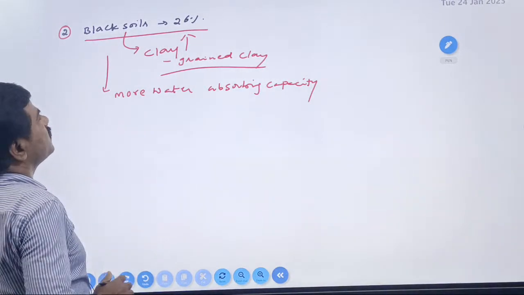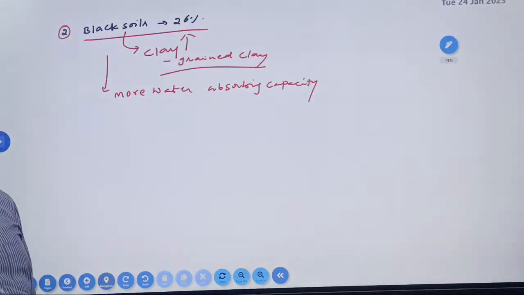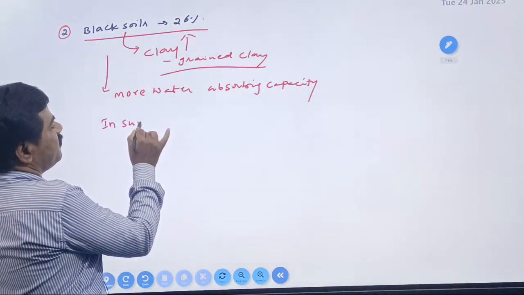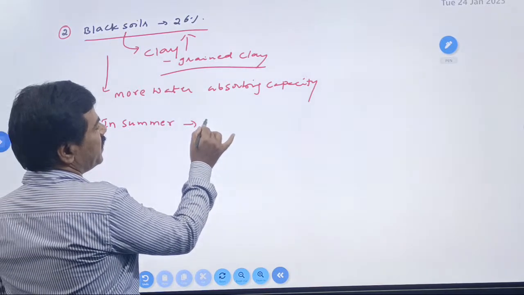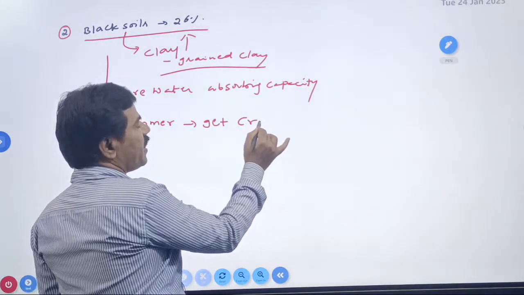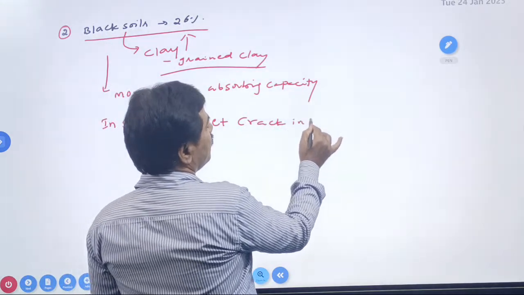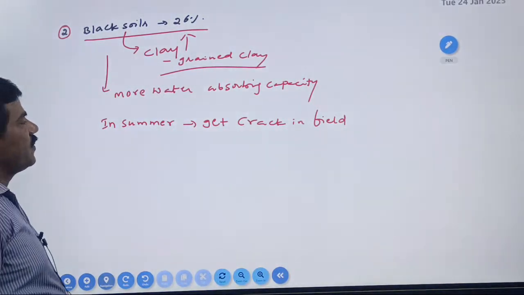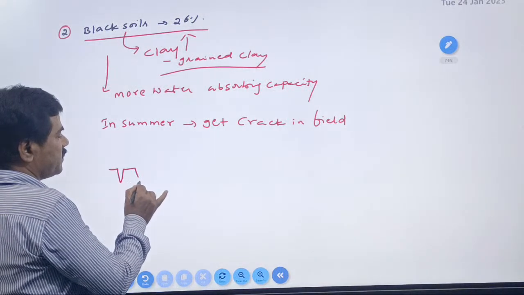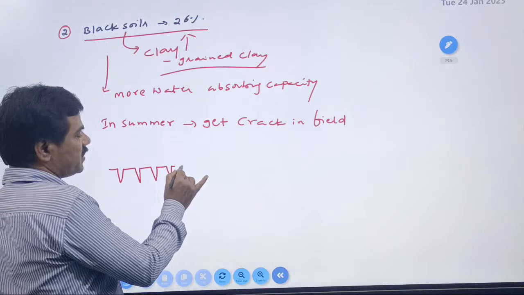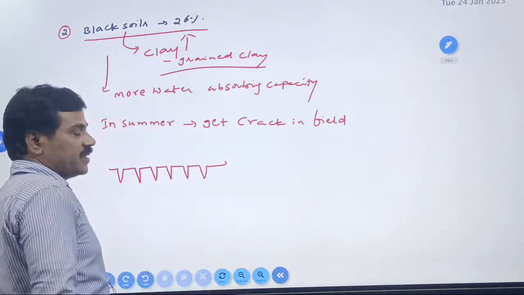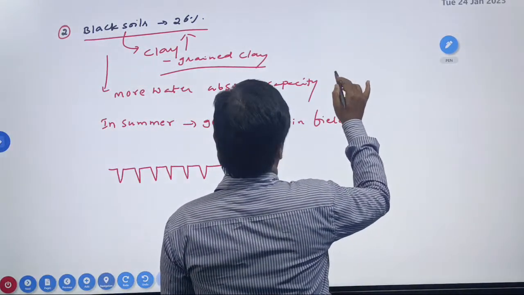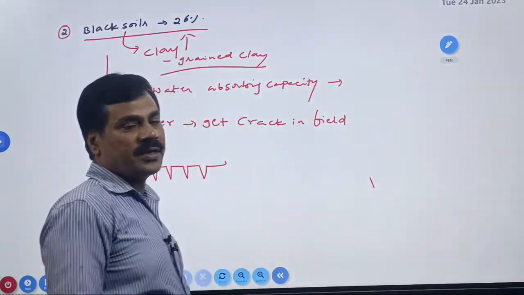Black soil absorbs a lot of water. In summer season, cracks form in the agriculture field, in the hottest season. Why? Because it has more water absorbing capacity.